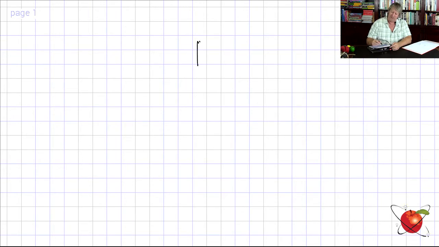Before we do, look at your periodic table. Hopefully you've always got a periodic table close at hand. Please take it out and have a look at it, and you will see that there's a number. If you look at fluorine, there's a number of 4.0 in the top corner.